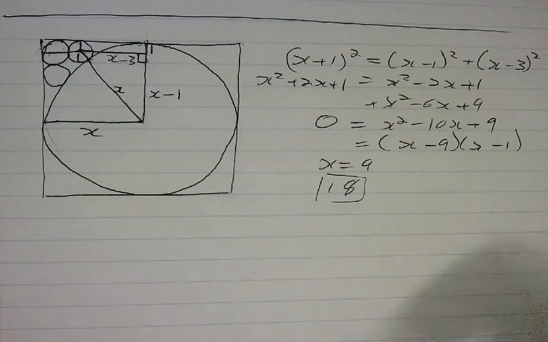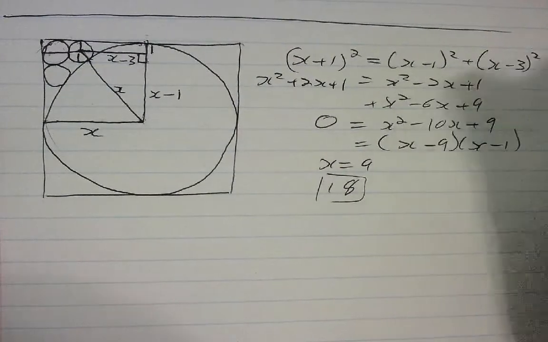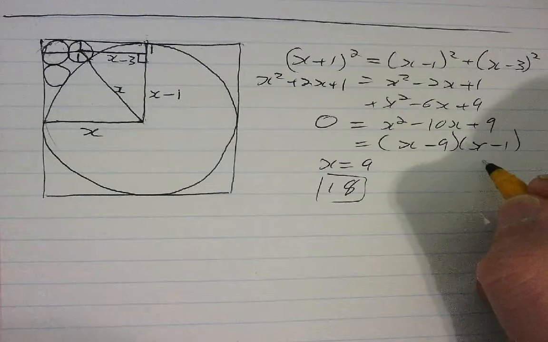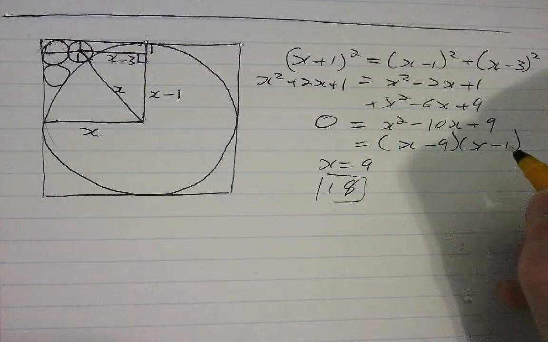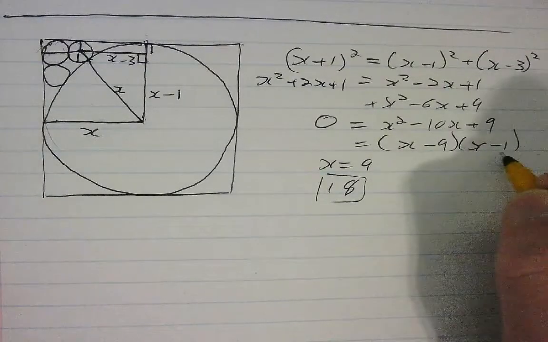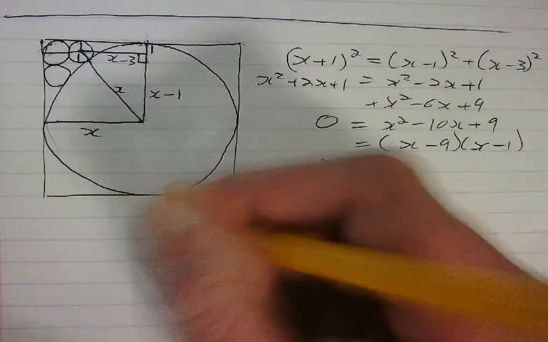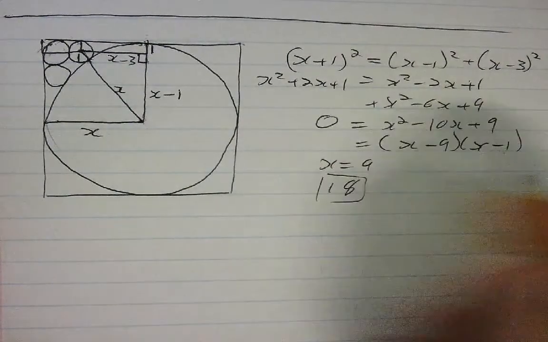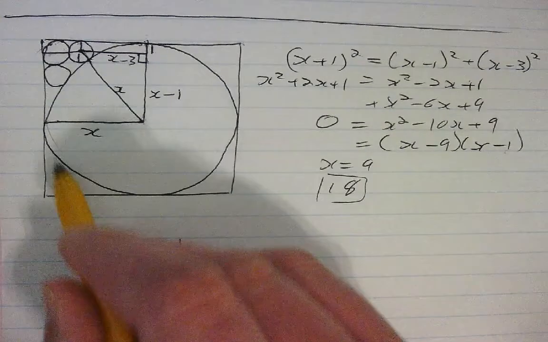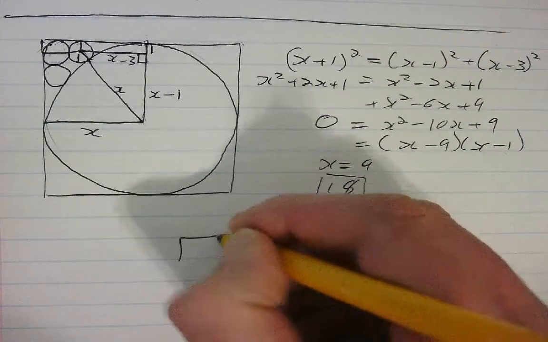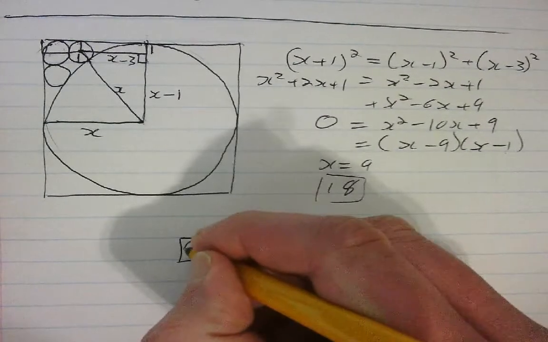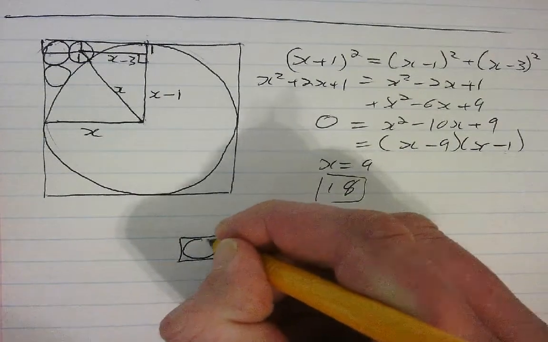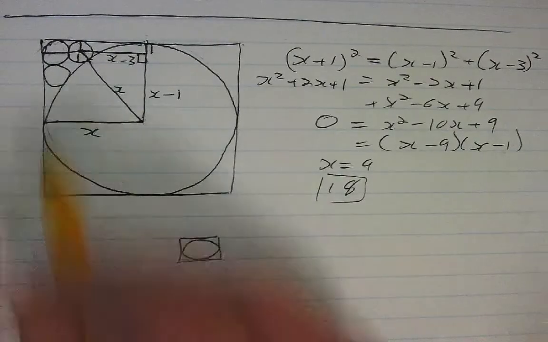How certain am I that x cannot be 1? Well, what I can do is I can try and figure out how to draw this when x is 1. Let's first draw the big circle and the square around it. It will be like this. And then let's draw these little circles.